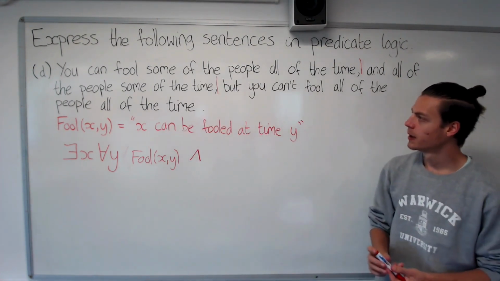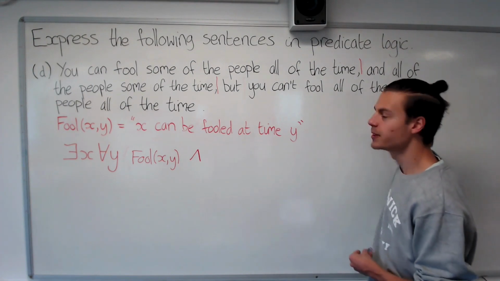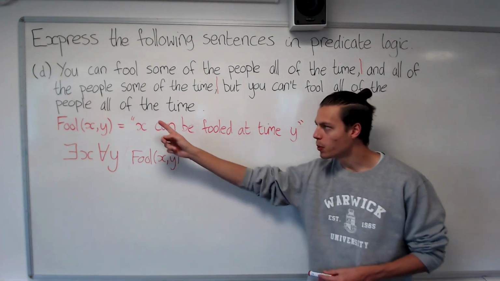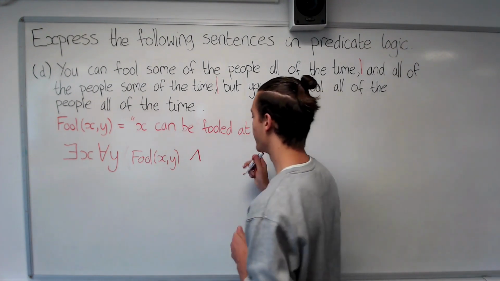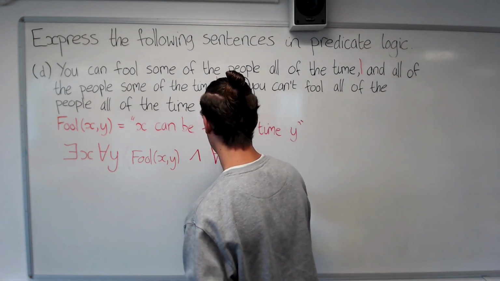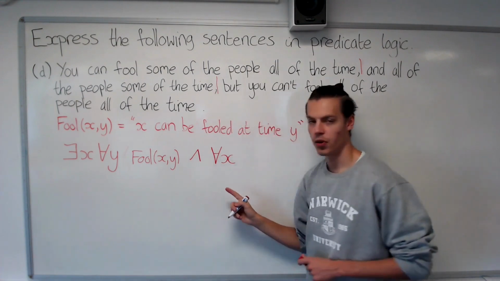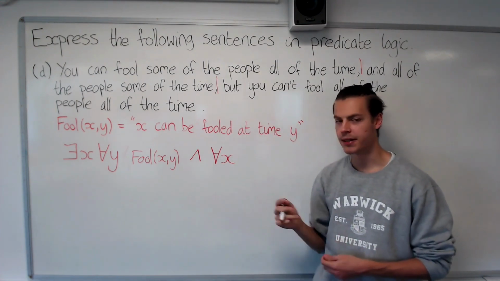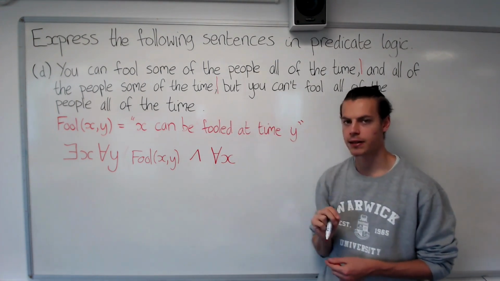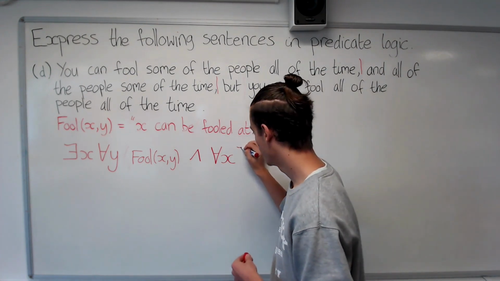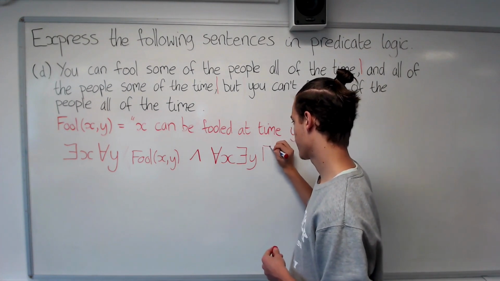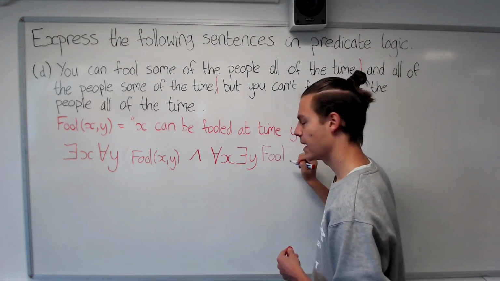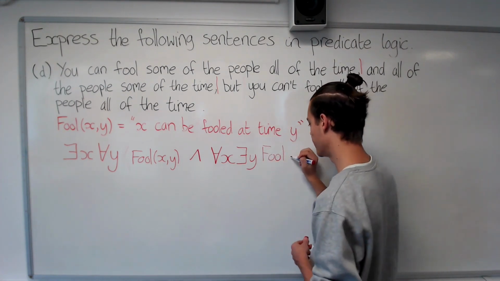And, now looking at the second segment, you can fool all of the people some of the time. So for all things X, there is some time at which X can be fooled. Okay? So there is some Y such that X can be fooled at time Y.